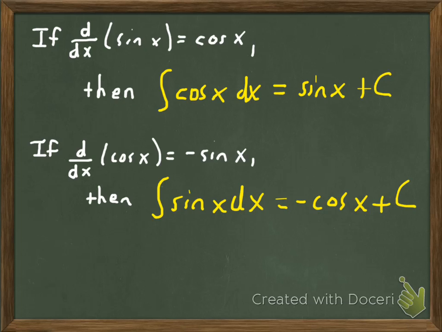You need to make sure that you write down those two rules. That's the integral for cosine and the integral for sine. You don't have to know the integral for tangent. That's something we'll do in an exercise, but it's not something that you have to have memorized necessarily. Alright, so those are the two new rules that you know for integration now.